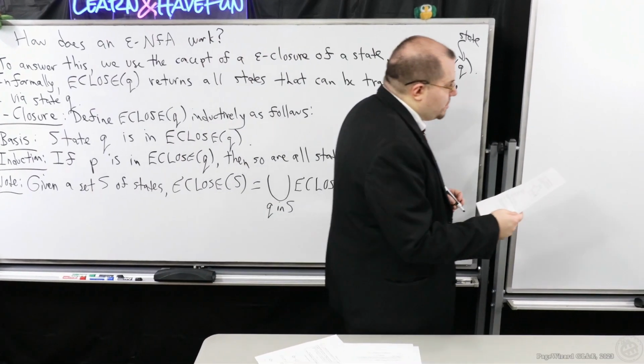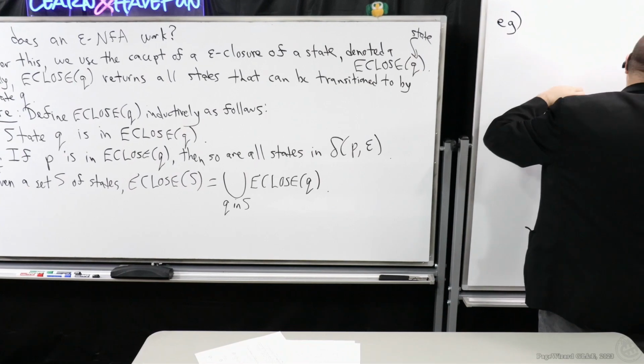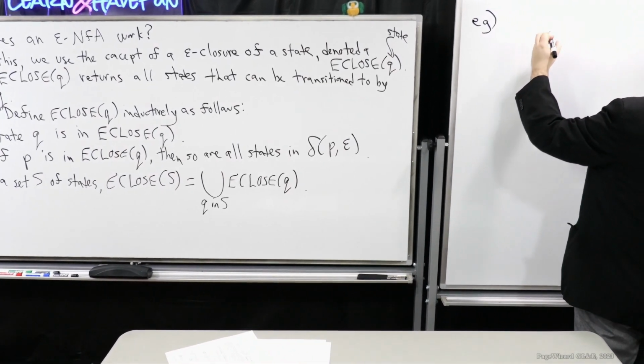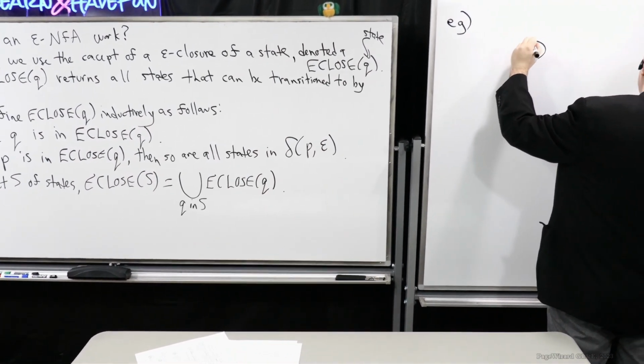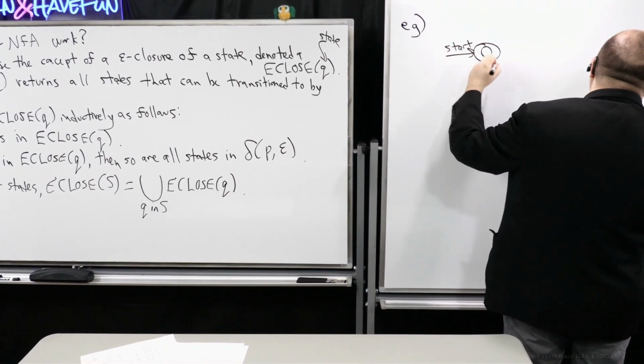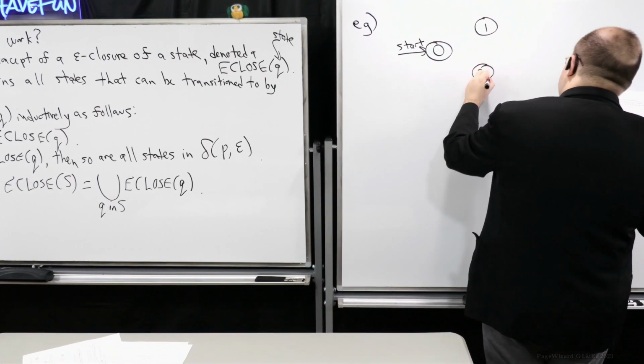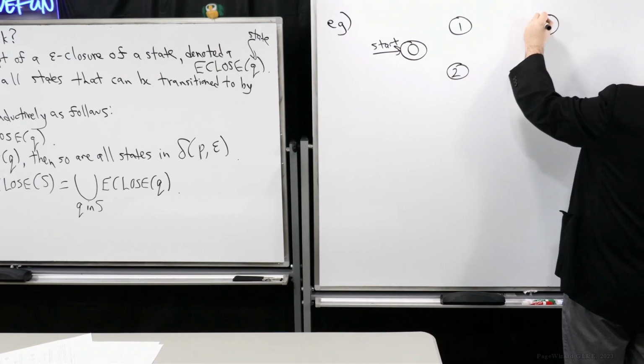So let's do an example. Let's try applying this definition. We're going to try applying epsilon closures on various states of this epsilon NFA, just to see what happens. So 1, 2, 3, 4.